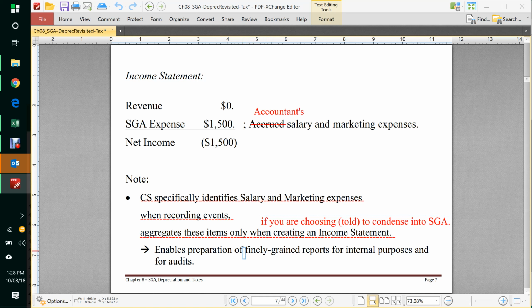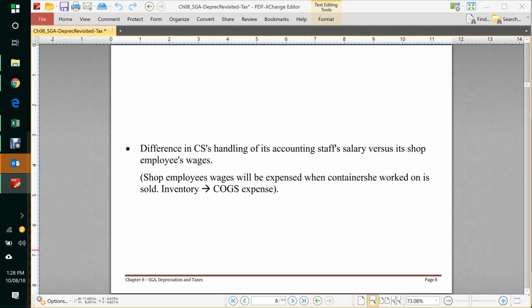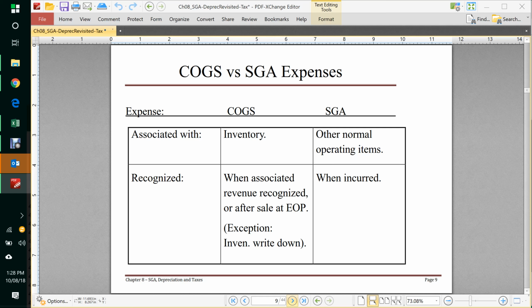Okay, and so that allows us to have very finely grained internal reports and still have relatively terse financial statements for external folks. Okay, I think we got the key points out of that.